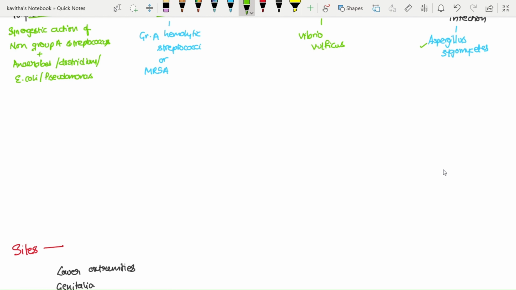The most common locations involved in type 1 are the perineum, trunk, and postoperative wounds. Whereas type 2 mainly involves the extremities.